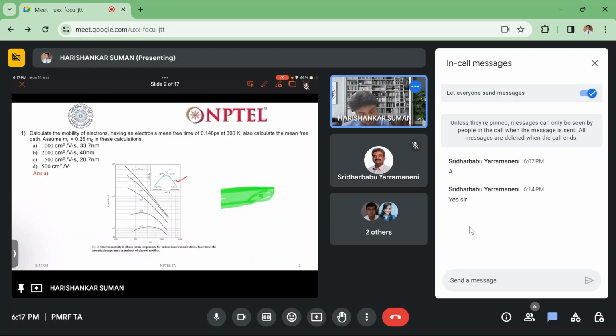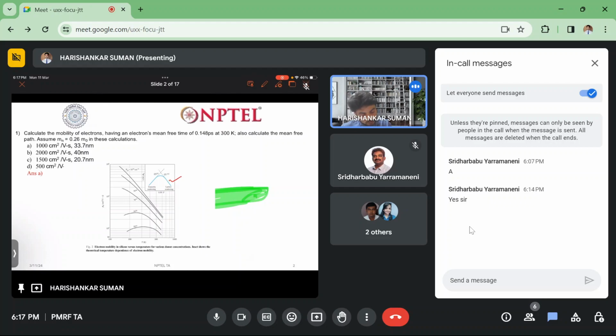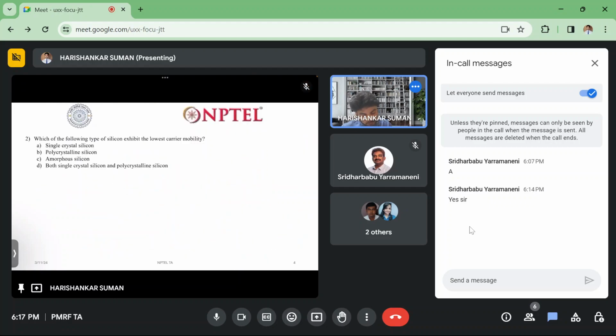So let's move to the other question. Which of the following types of silicon exhibits the lowest carrier mobility? We have already seen the graph.